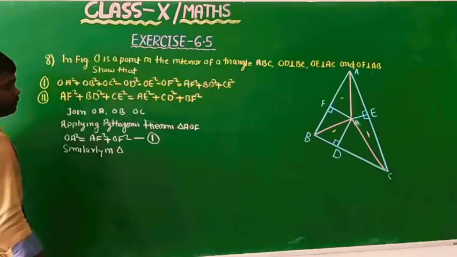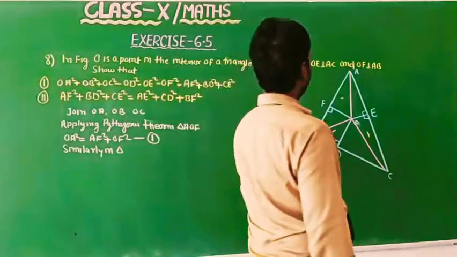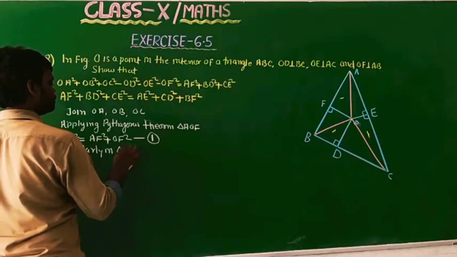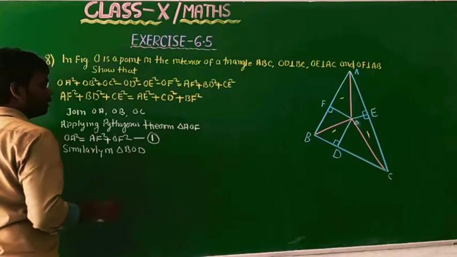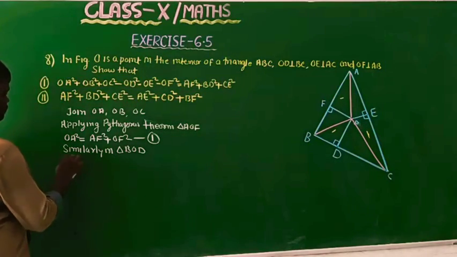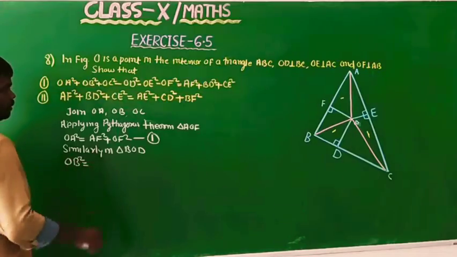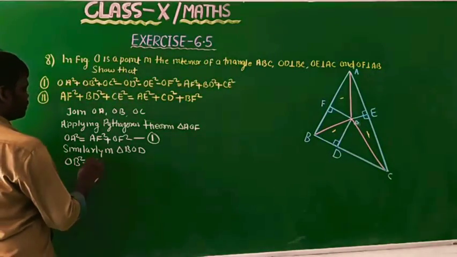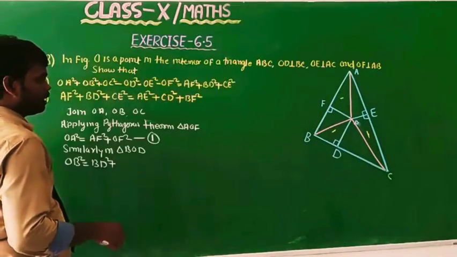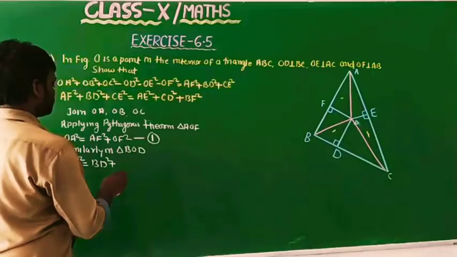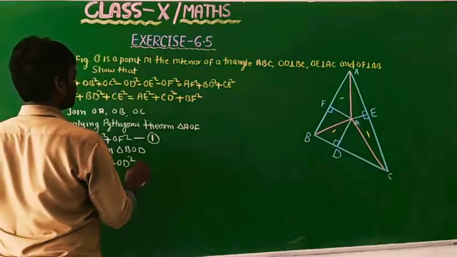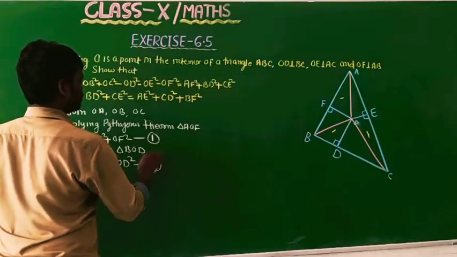And similarly in triangle BOD, OB square equal to BD square plus OD square. Say equation 2.